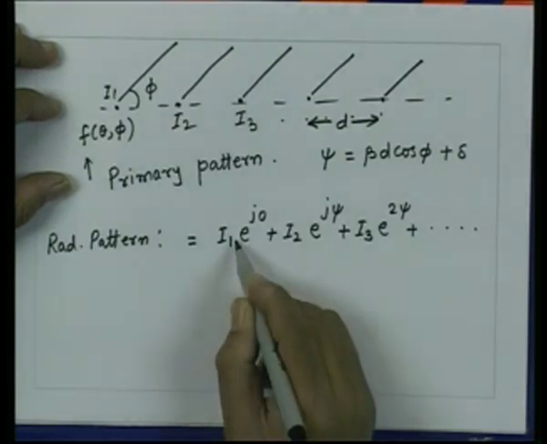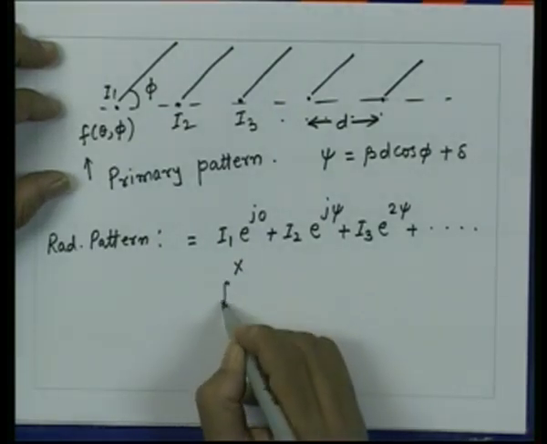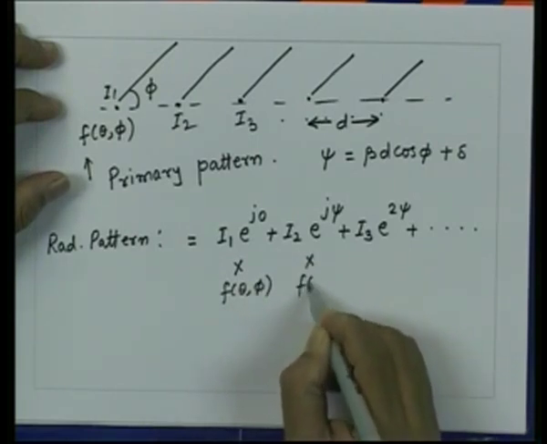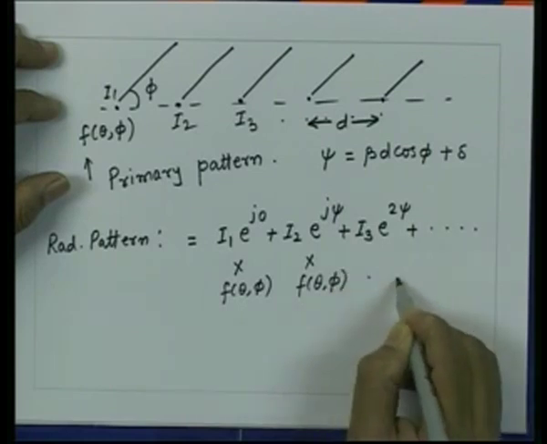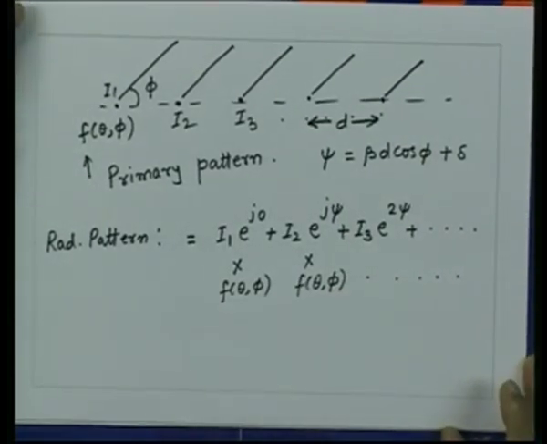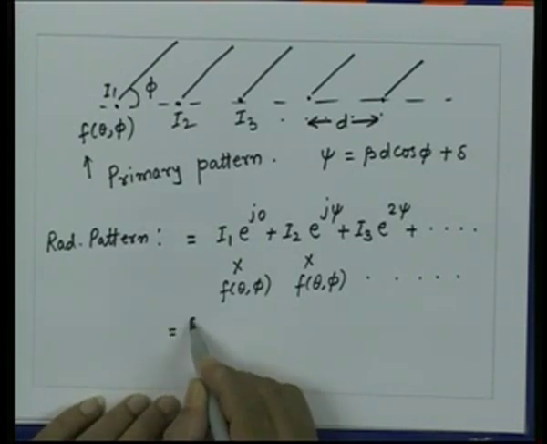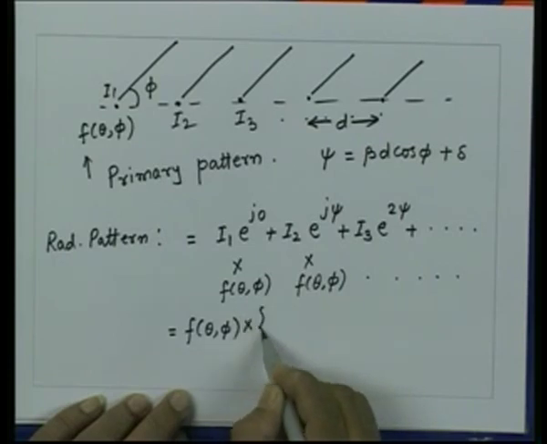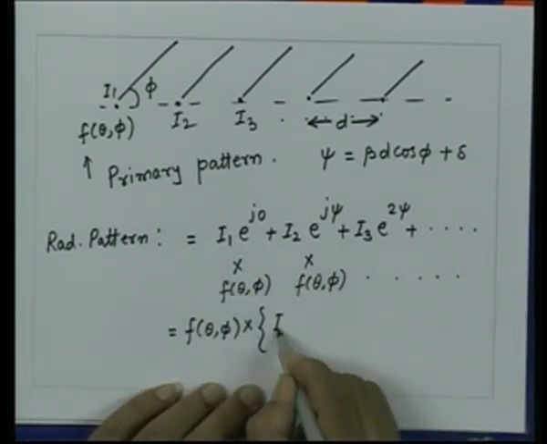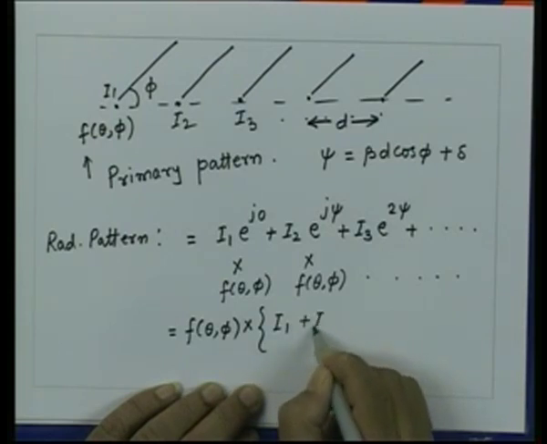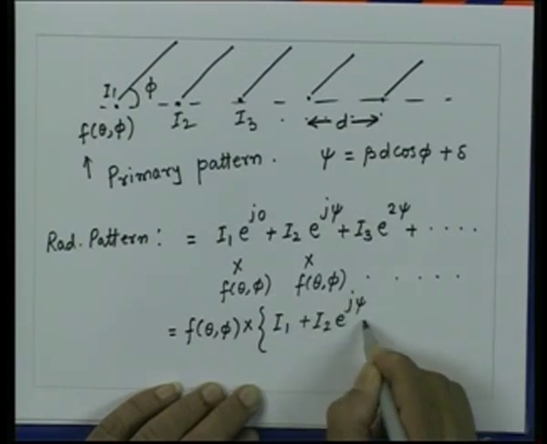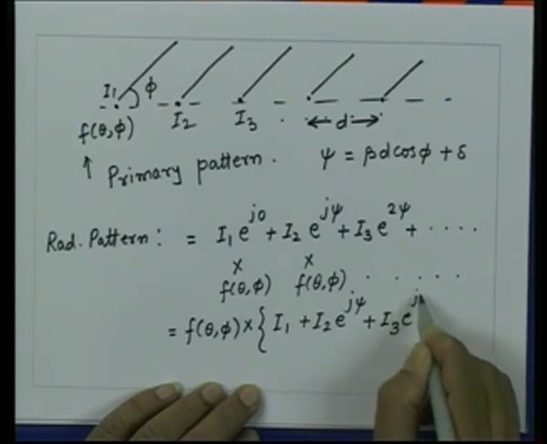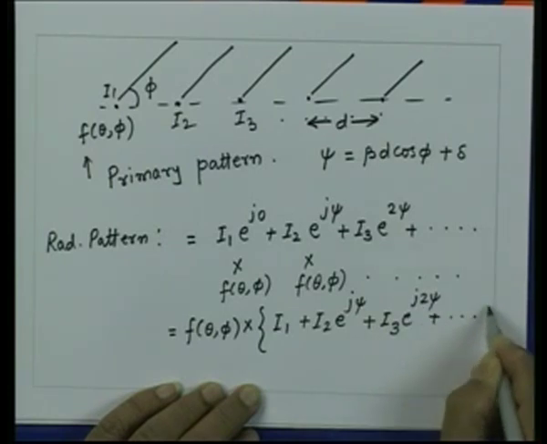So, essentially each of these terms is to be multiplied by f of theta phi, which is nothing but saying that we have this pattern f of theta phi, which is multiplying the pattern I1 plus I2 e to the power j psi plus I3 e to the power j 2 psi plus and so on.